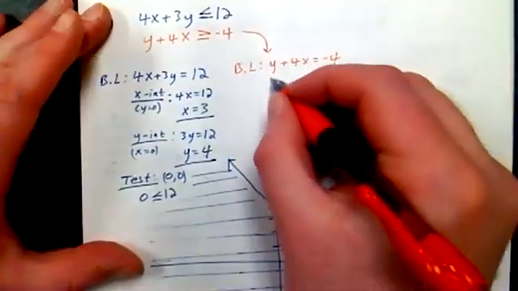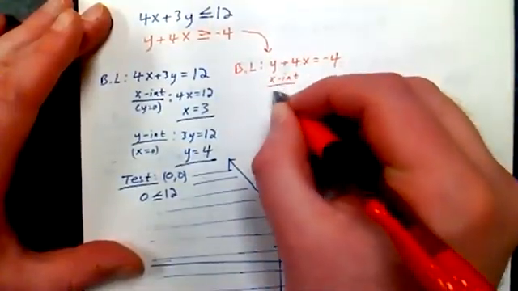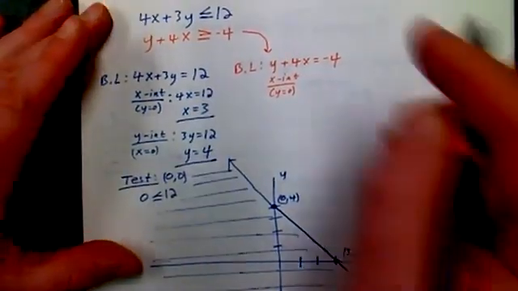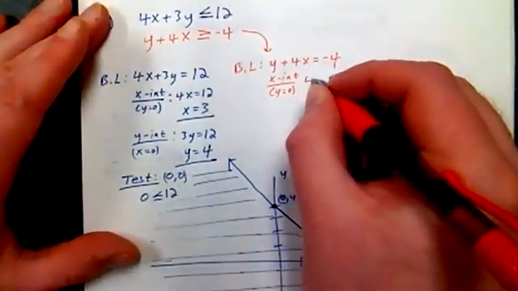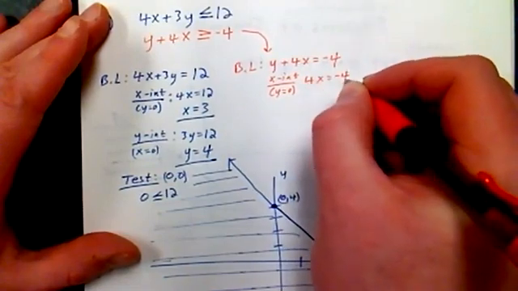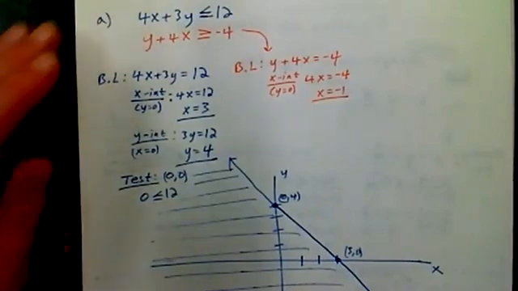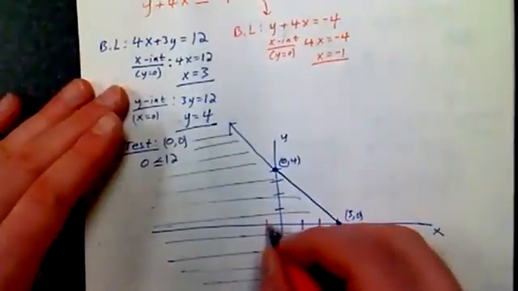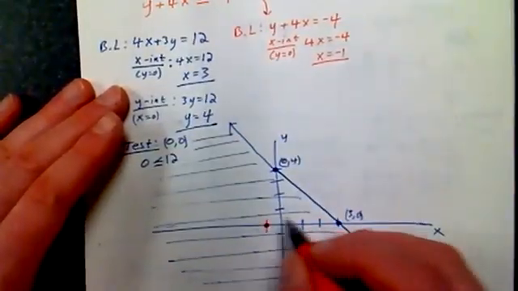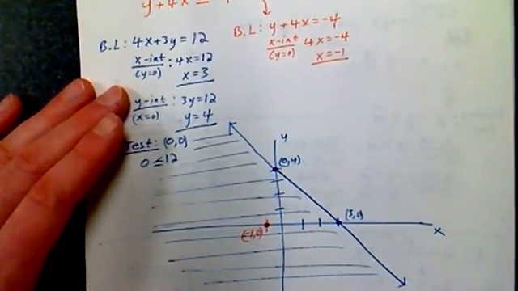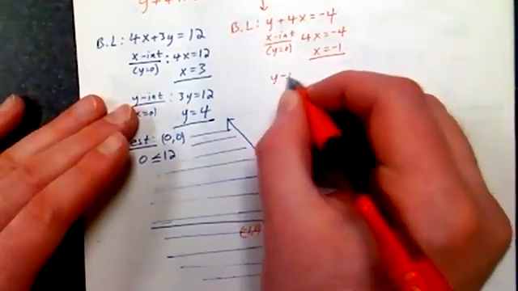Let's start with an x-intercept, which we know is when y is equal to 0. So if y is equal to 0, that means 4x equals negative 4, or x equals negative 1. That's right there, so (-1, 0). Let's do our y-intercept.